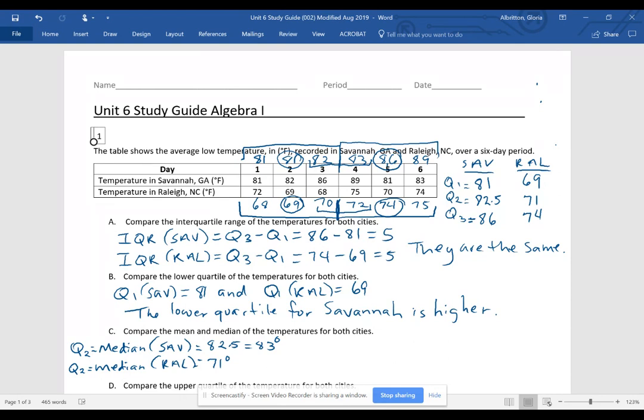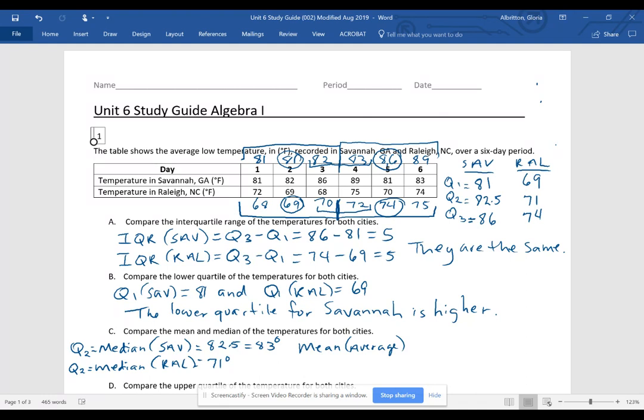Let's go ahead and check the mean while we're at it. Mean. We know another word for mean is average. And how do we find average? We add up the total of all of the digits in the list, and then we divide by however many there are in the list.